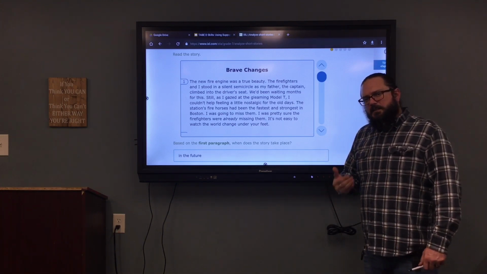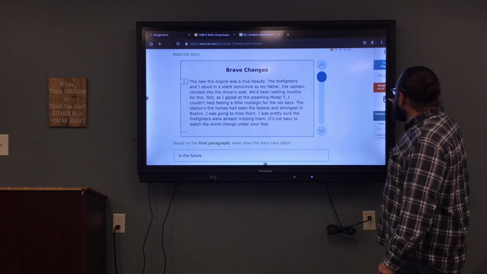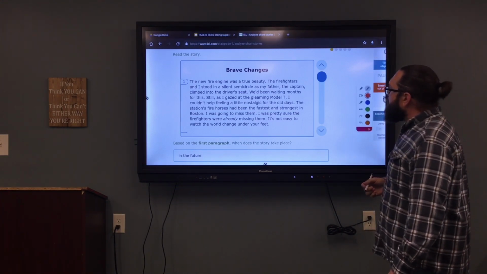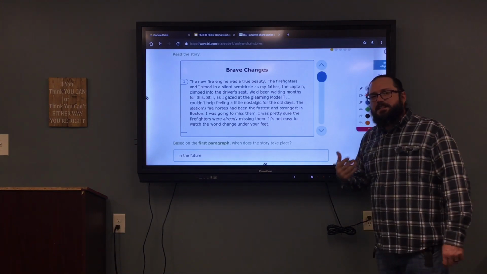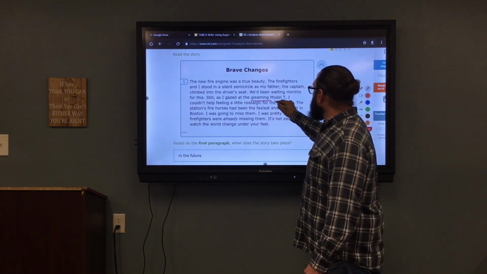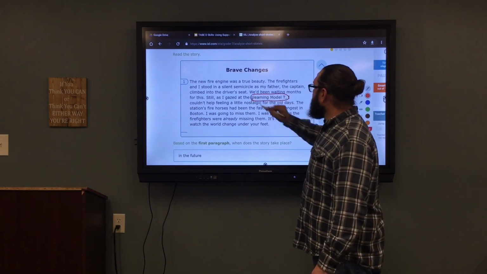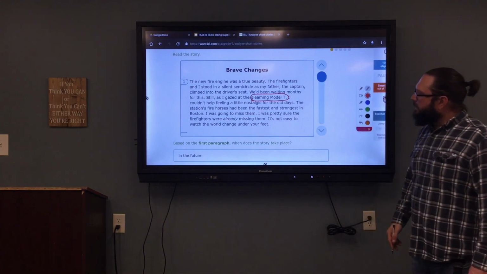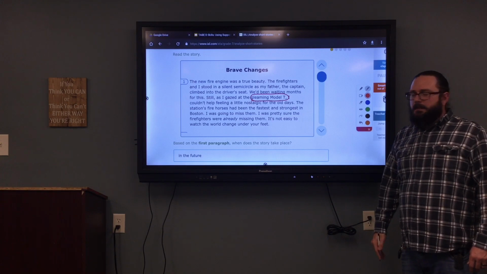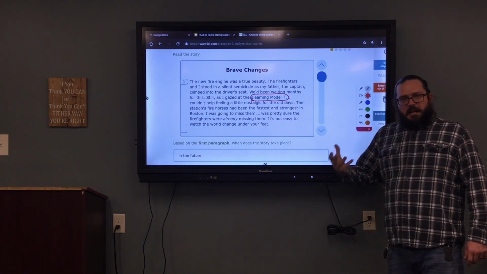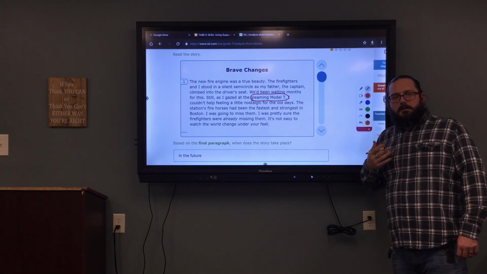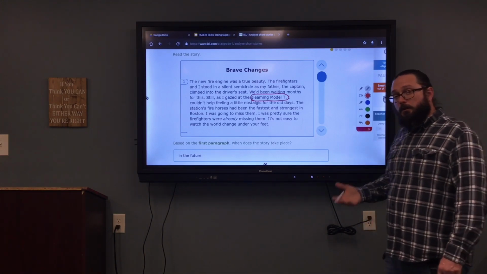So let's look at some clues in the passage to see if we can determine when this story takes place. Well, the first thing that stands out is the phrase gleaming Model T. What is the Model T? Well, if you've studied any kind of history, I'm sure you have heard of Henry Ford, the founder of Ford Motor Company.